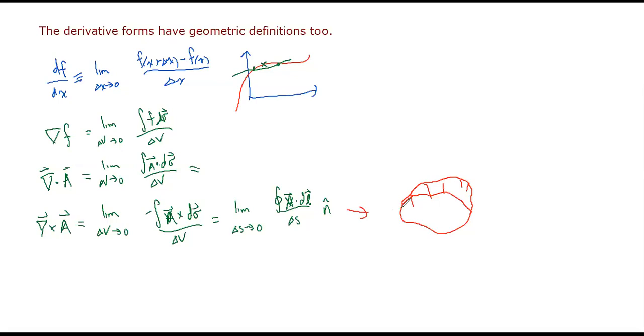And the edge of the surface would be a closed contour integral A dot dl. And the surface itself is surface S. So S would be the soap, and then the edge of the surface would be the wire rim of the thing that's blowing the bubble. So that's how you interpret this particular form.